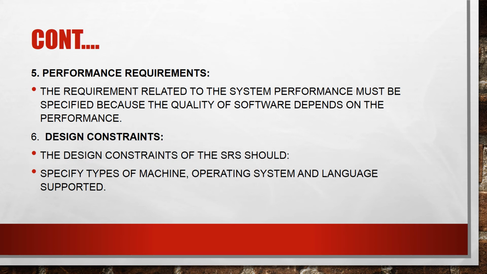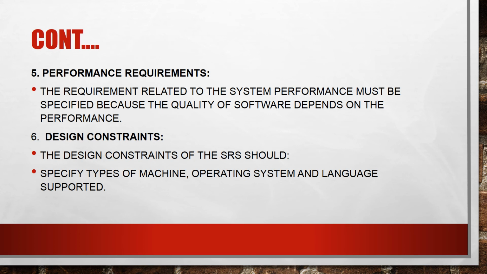So all these basic things are mentioned in this performance requirement, and it can be easily analyzed from this section whether the software we are developing will be able to fulfill all the demands of the customer, or all the expectations that the customer has from this particular system. So all these things are mentioned in this performance requirement.